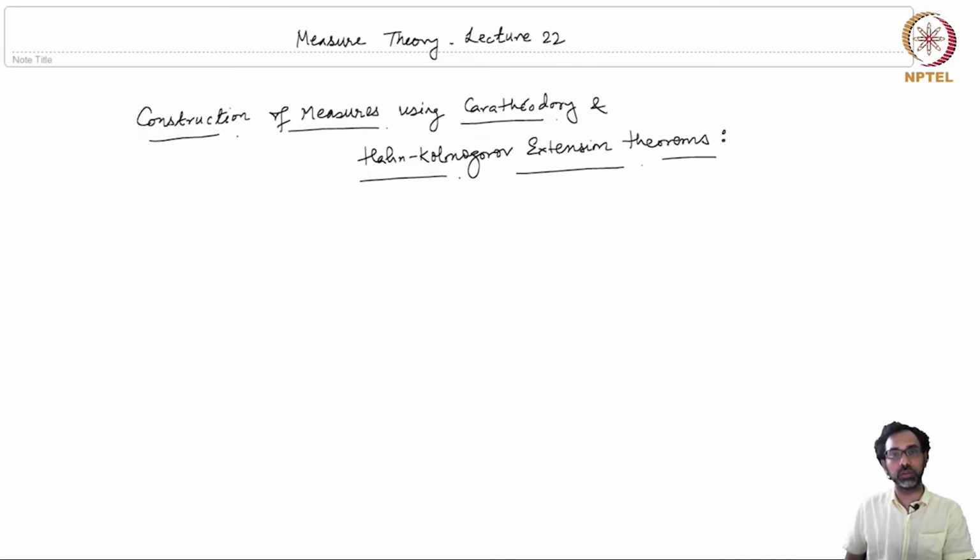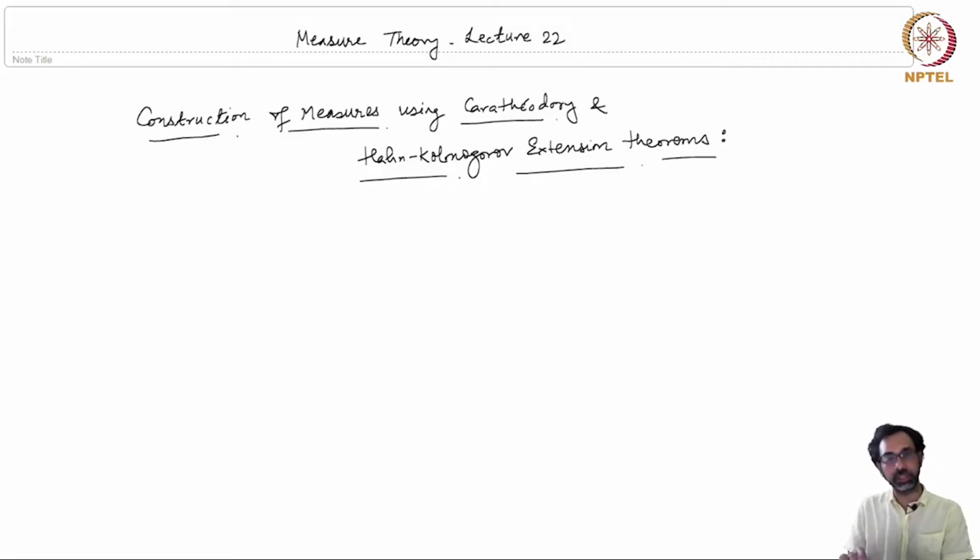We have seen how the Carathéodory extension theorem and the Hahn Kolmogorov extension theorems can be used to upgrade an existing outer measure or an existing pre-measure to a full measure, and using this prescription we can give many examples of new measures on the Euclidean spaces Rd and also other spaces.